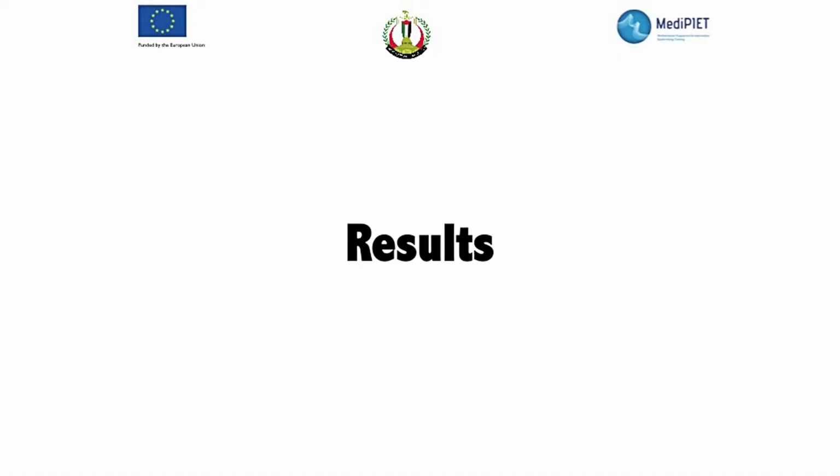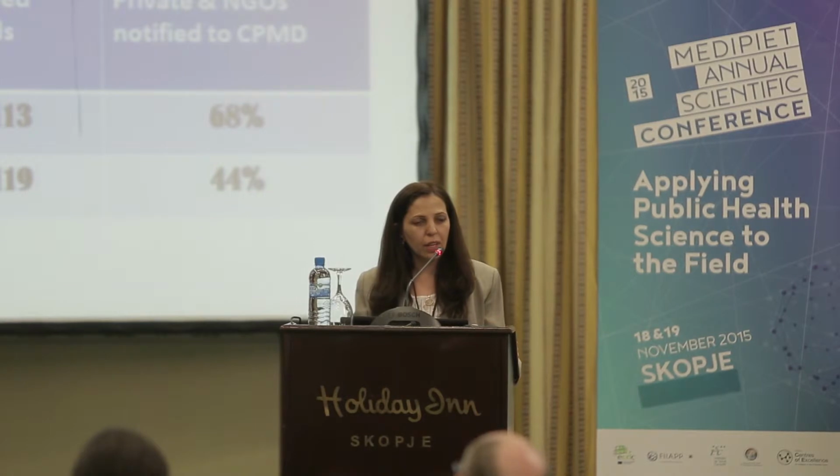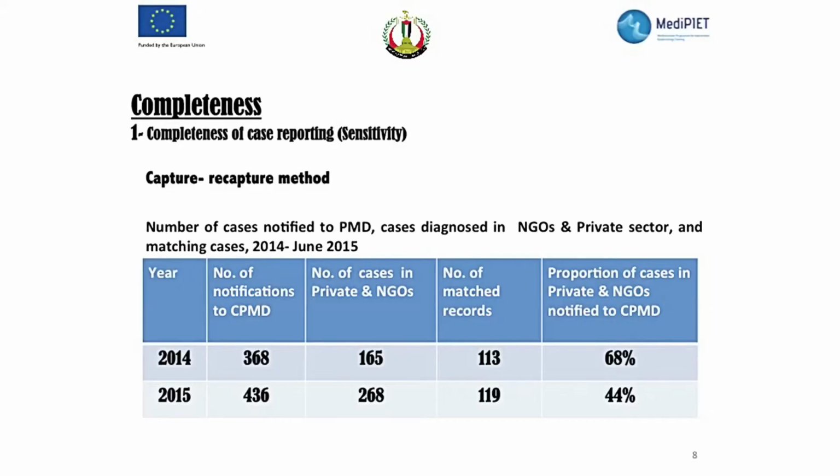The results of the first dimension of completeness, case reporting. As I mentioned, we used the capture-recapture method, which is a common method for estimating the total number of cases by using more than one source of data. Here we have 2 sources of data. The first one is cases notified to the Central Preventive Medicine Department, column 2.